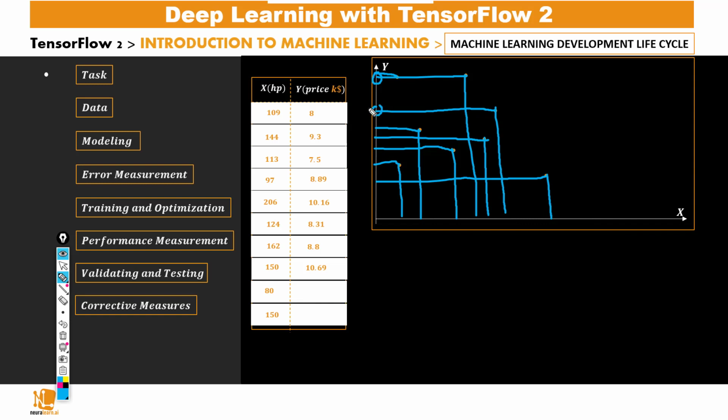Now let's modify this problem so that you better understand the regression problem. Here we have this horsepower, and if we modify this such that we are gonna instead predict whether the car is gonna be noted as expensive or not. So instead of predicting the price, we may want to predict whether that car is expensive or not.